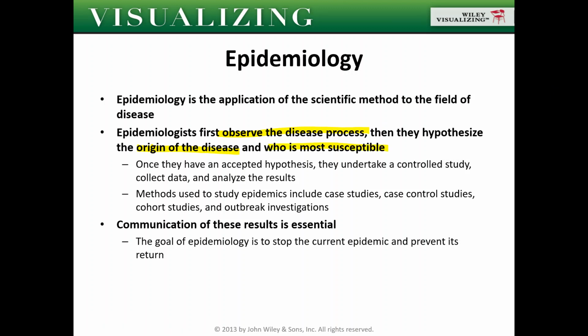Once epidemiologists have a hypothesis about this, they will do a controlled study, and they will analyze the results of that study. Three main methods of epidemiology are case studies, case control studies, and cohort studies. Also, epidemiologists do outbreak investigations, and what is super important about epidemiology is that the results of the studies have to be clearly communicated to health officials and to medical professionals.